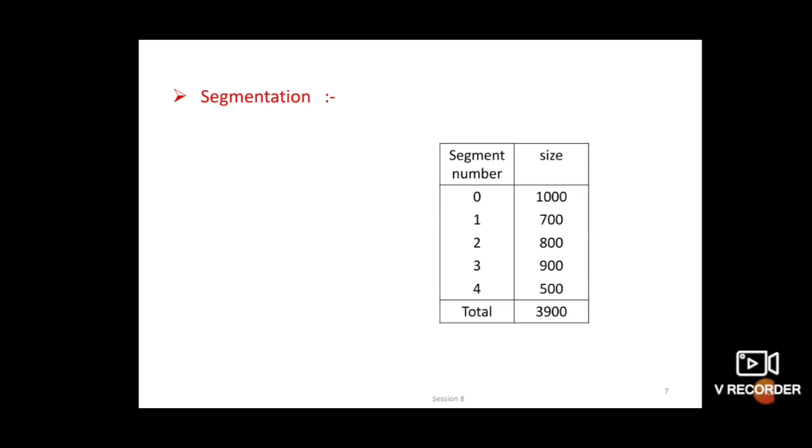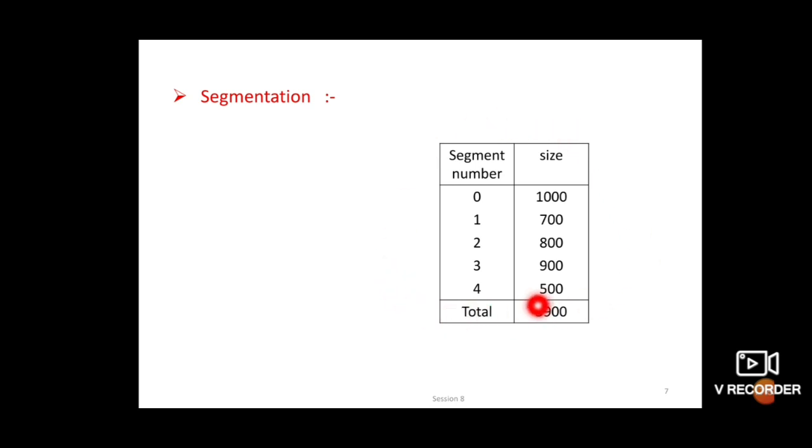Now first see the diagram. In segmentation, programs are stored in different segments. In paging, programs are stored in different pages, but the page sizes are equal.